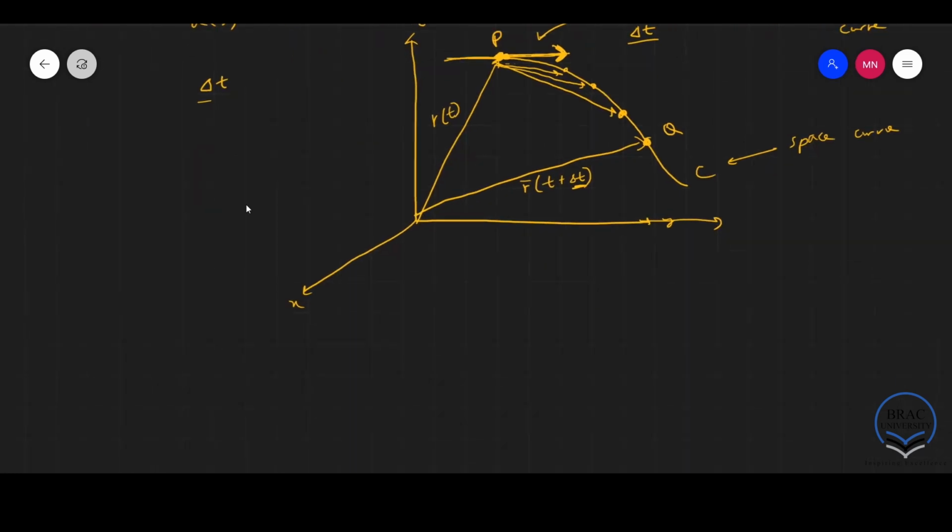Now if I go back to the limit definition of the derivative of this vector function, I had r of t plus delta t minus r of t, divided by delta t, as delta t approaches 0. Since I have the difference of two vector functions in the numerator, I can write this in terms of its components.